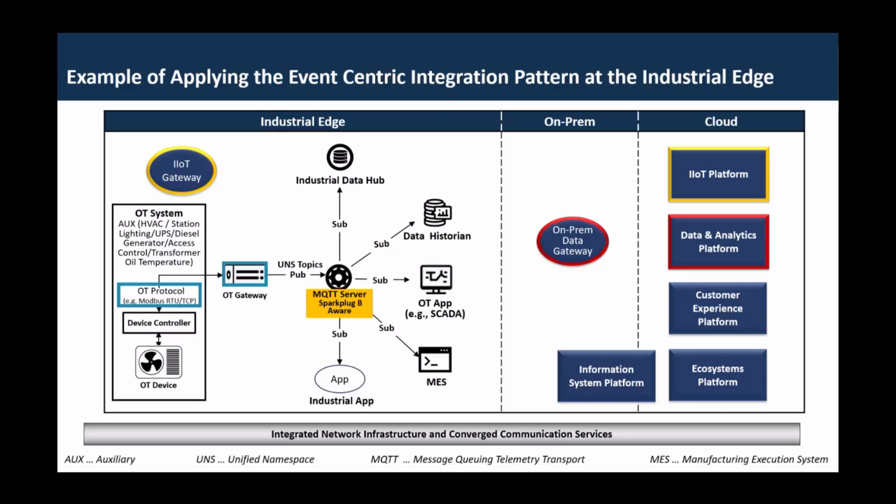Meanwhile, we have also an operational technology gateway that translates this protocol into a message queue telemetry transport format and publishes it to the message queue telemetry transport server in the form of unified namespace topic, where systems such as Industrial Data Hub, Data Historian, SCADA, Manufacturing Execution System, and other industrial applications can subscribe to the published topics.